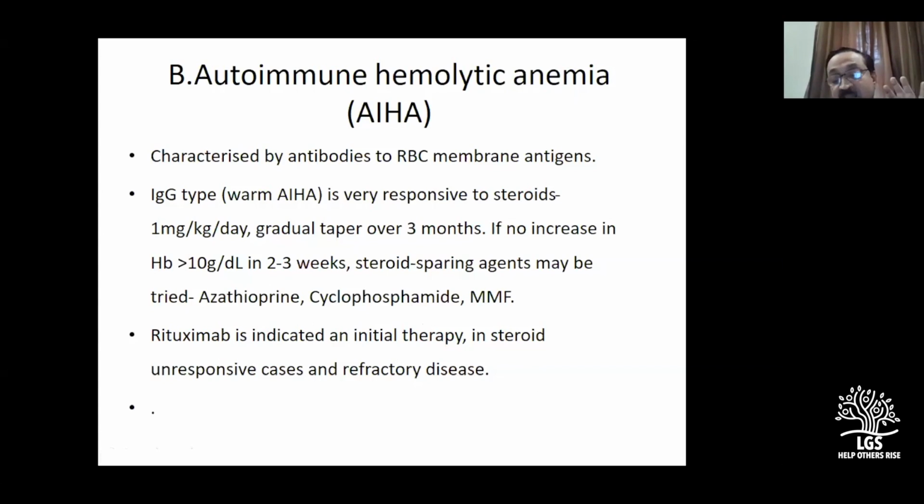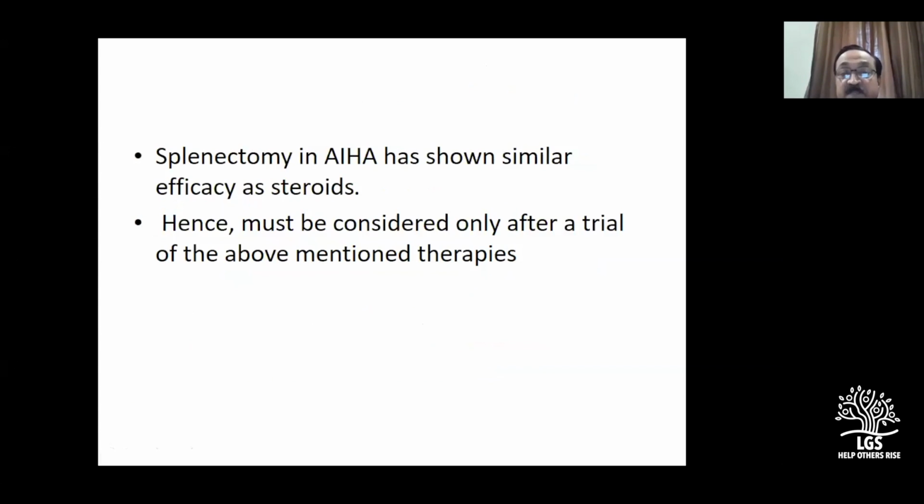Please remember, I am discussing more of clinical examination in this rather than treatment of each condition. It is impossible to complete treatment of each condition. So splenectomy in autoimmune hemolytic anemia has shown similar efficacy as steroids, but must be considered only after a trial of the above mentioned therapy.